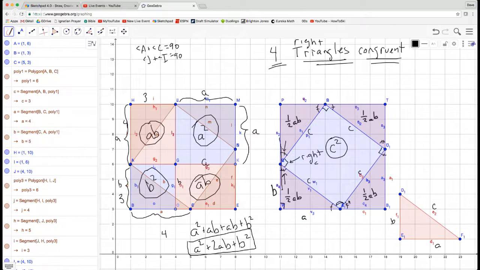So what is the area of this giant square? If we add this whole thing together, we've got to add up our 5 pieces.